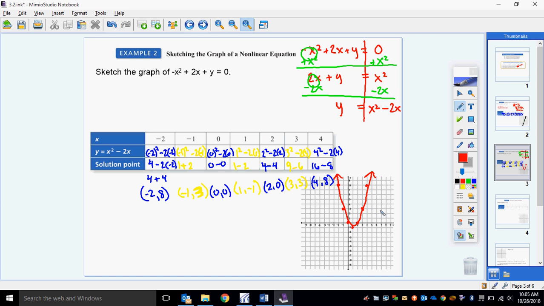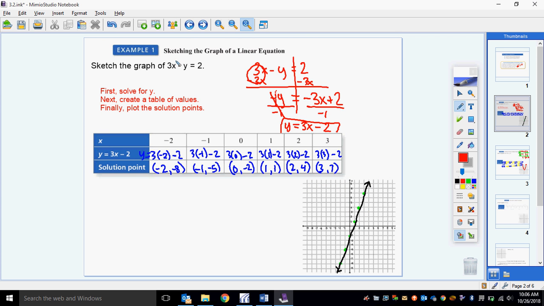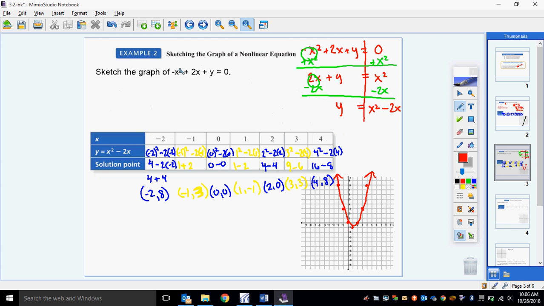And we call this shape a parabola. So pretend that that went through that point. Something I want you to notice is the exponent on x in the first example was 1, and we got a straight line. The exponent on x in the second example was 2, and we got a U-shaped line.